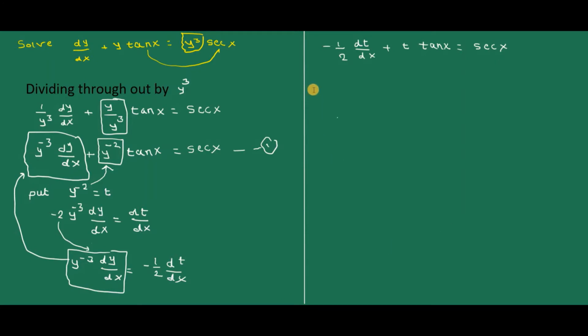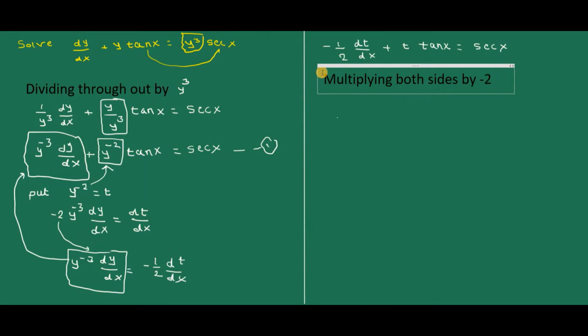Multiplying both sides by minus 2, we get dt divided by dx plus minus 2 tan x into t is equal to minus 2 sec x.